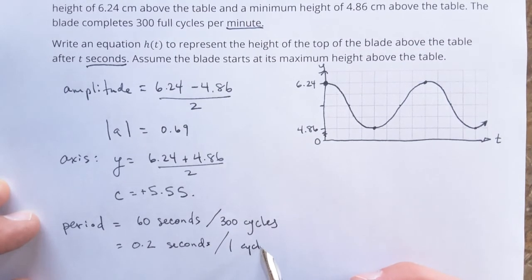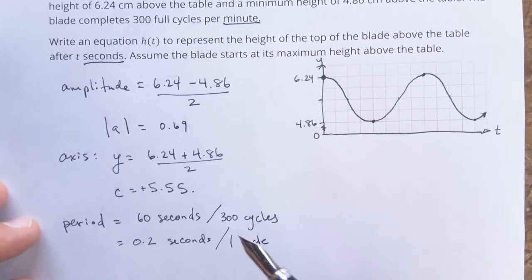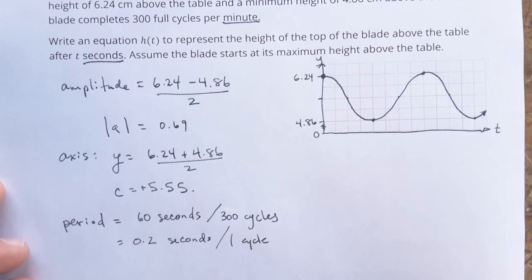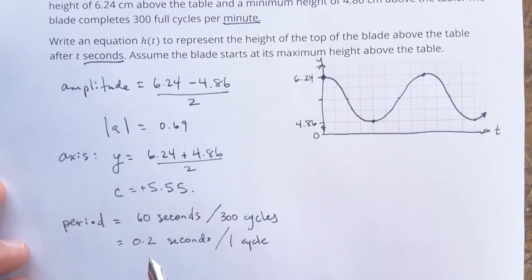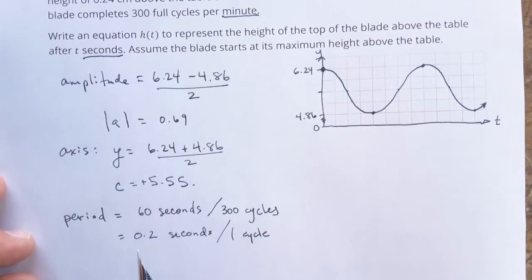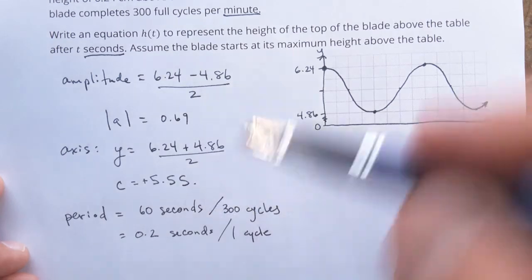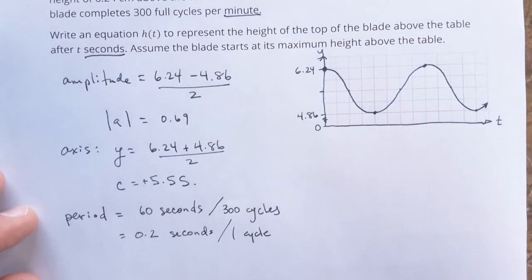Now we don't normally write per one cycle in our period units. The period is 0.2 seconds, and by definition that's how long it takes to complete one cycle. Now if you wanted to multiply 0.2 times 300, you would get 60 seconds. So lots of ways to figure this out, but the key is that you want to make sure that you're calculating how many seconds it takes, not how many cycles per second. So we're sort of given the opposite of what we were looking for.